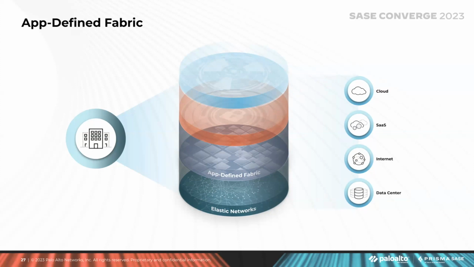The app-defined fabric is now where we get into the layer of expressing, okay, I have these users using these applications, and they have these expectations out of the network, and building all the necessary connectivity between those different points in the network to facilitate that.